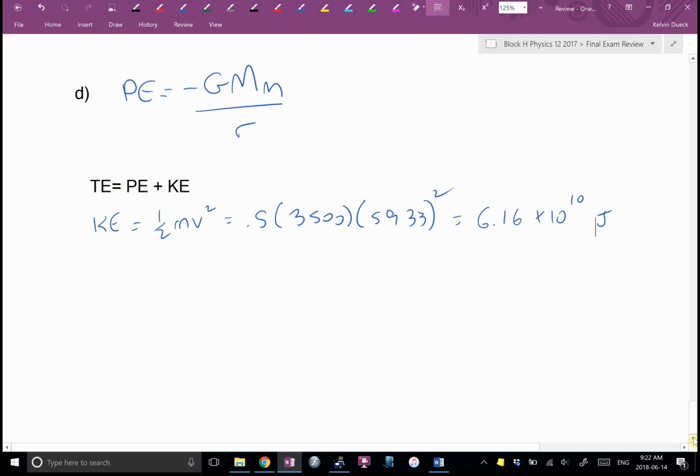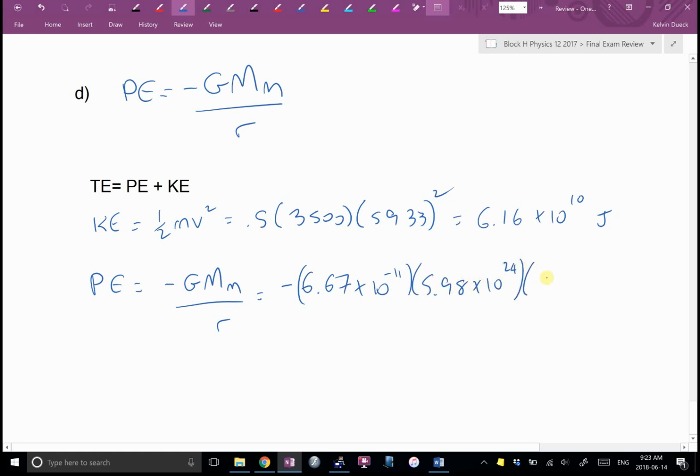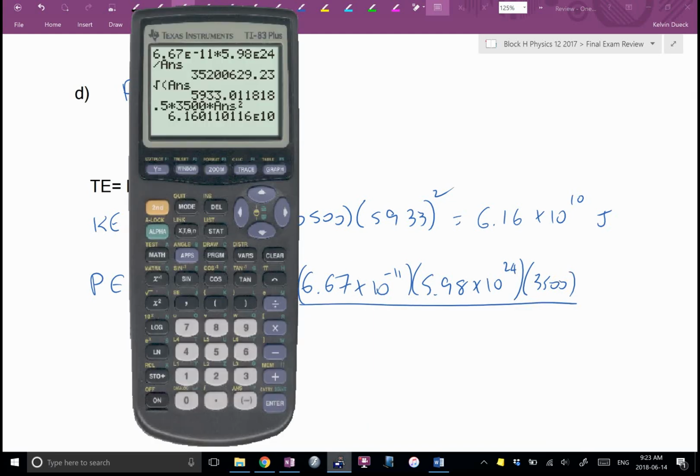How can I find the potential energy? Negative big G, big M, little m over r. Negative 6.67 times 10 to the negative 11. This is where we often started using ditto marks when we were calculating work, because work was a change in, and you ended up writing this thing twice very often. 5.98 times 10 to the 24th. 3,500 divided by, do I still have r?